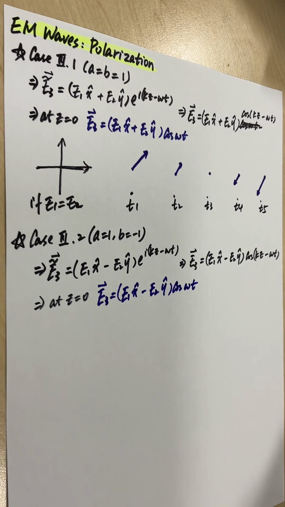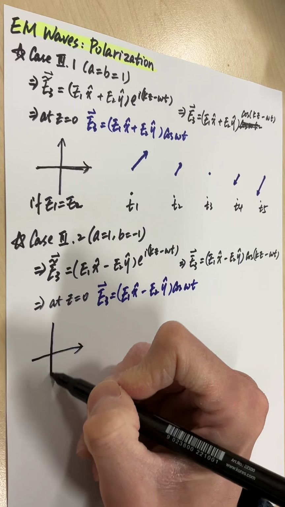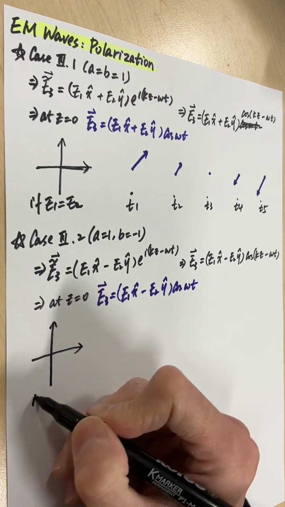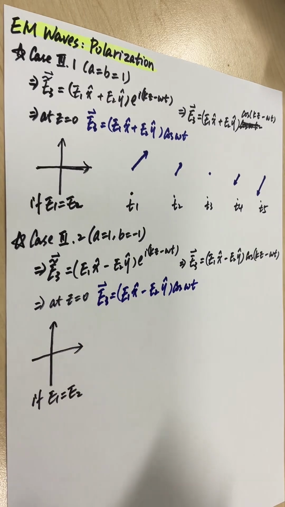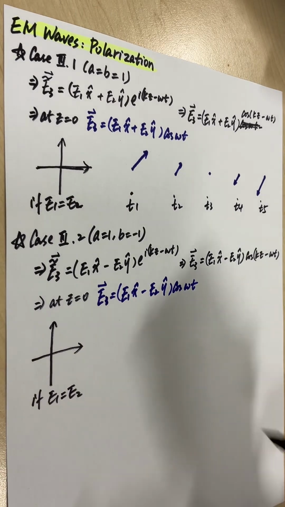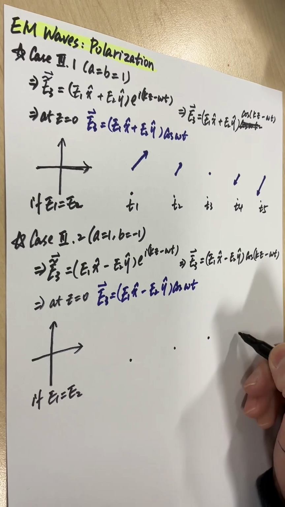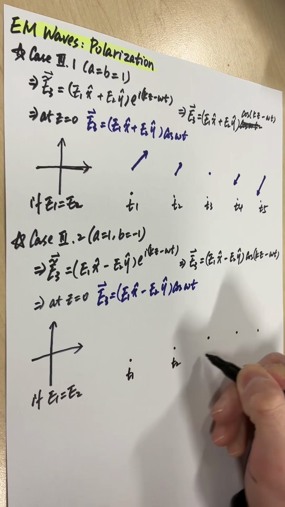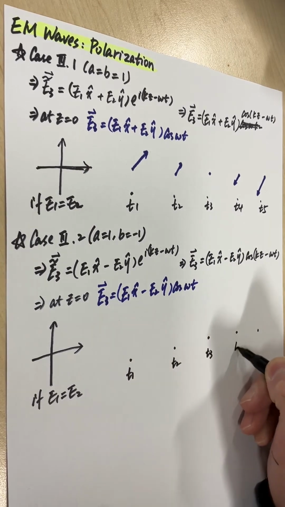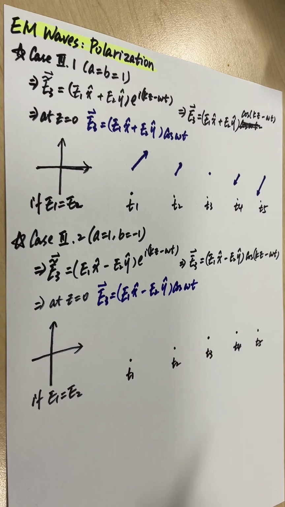So this polarization will have x, y plane, and if I have E1 equals E2, then we also observe this over 5 time instants. We have T1, T2, T3, T4, and T5.